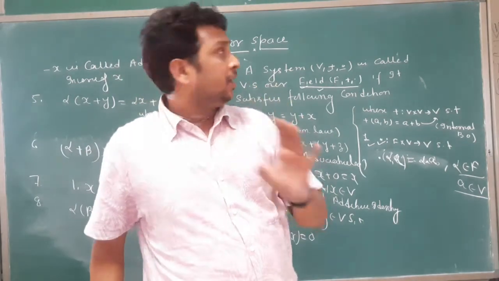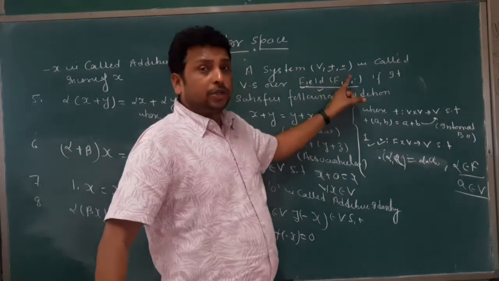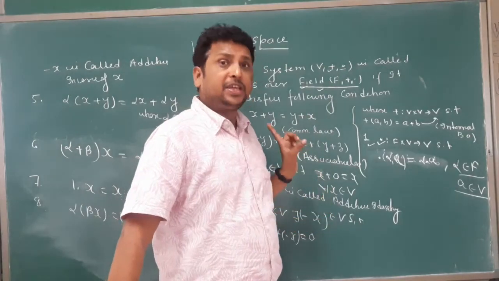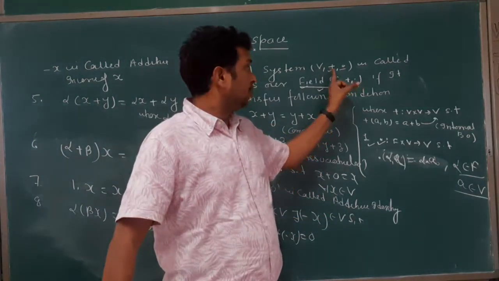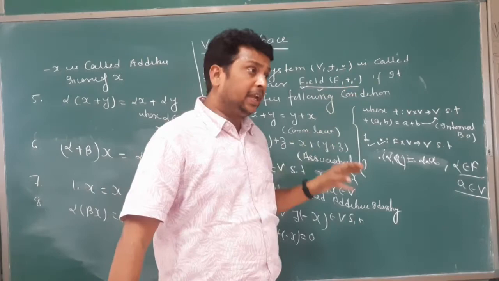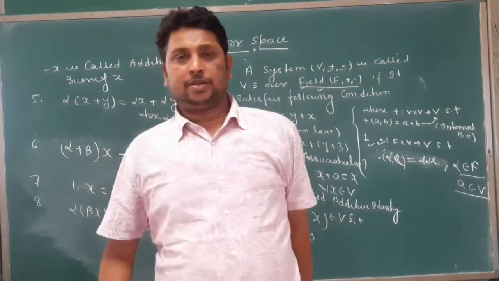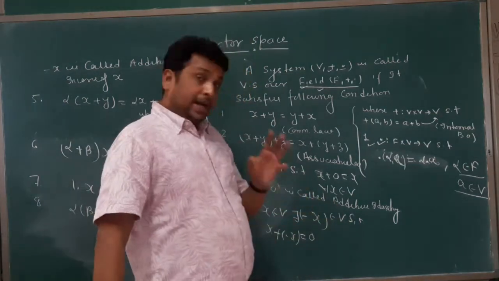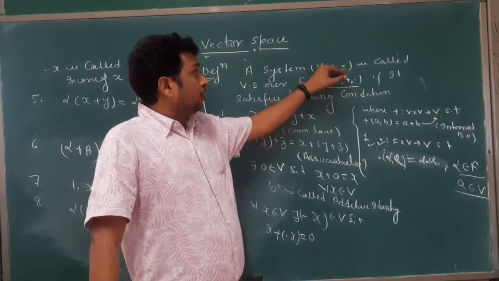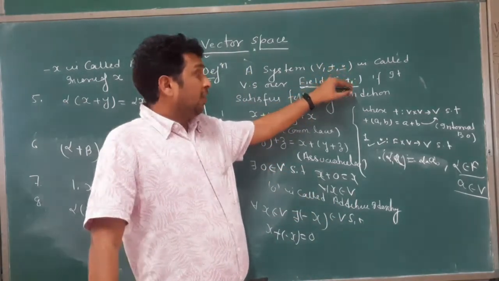If V with plus and dot satisfies these 8 properties, 4 for plus and 4 for dot, then (V, plus, dot) is called a vector space. So again, (V, plus, dot) is a vector space over the field F.